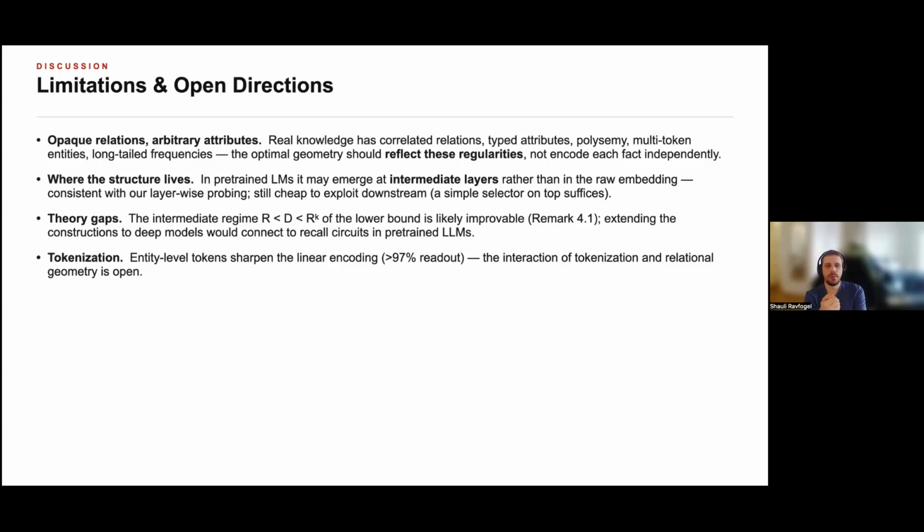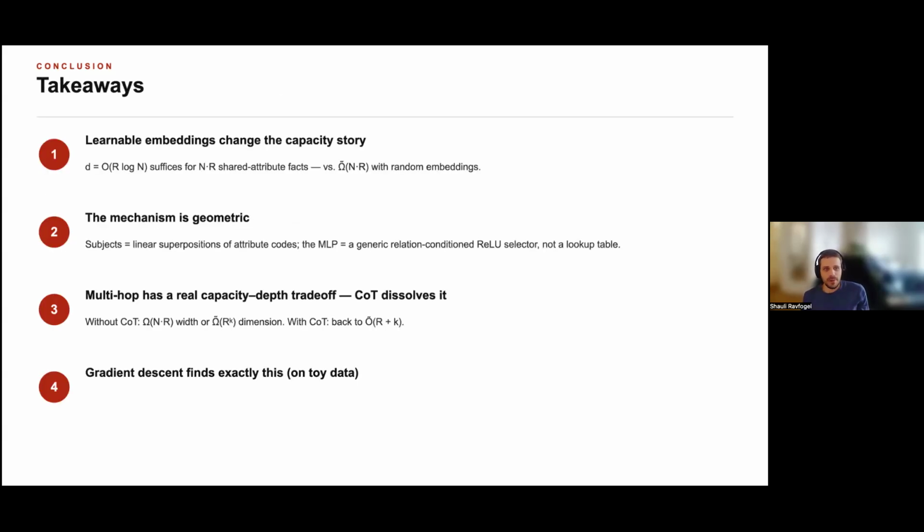Again, there's the question of what's really happening in pre-trained language models where you do have intermediate layers. So how does the model choose to partition the information between the input embeddings and the MLP parameters? And there are some gaps in the theoretical constructions, but I think this is less interesting or important right now.